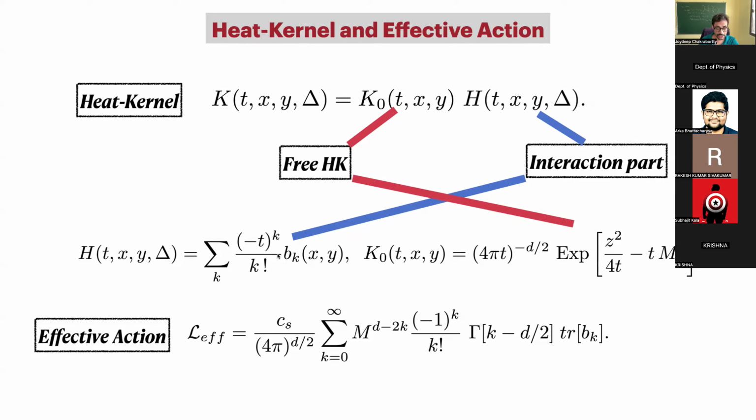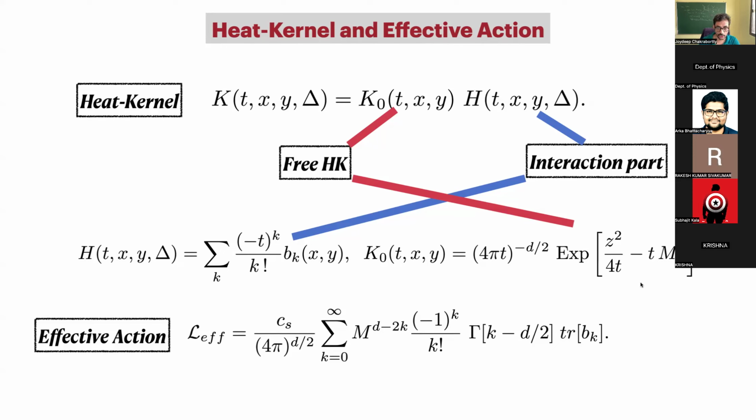Still I'm using it, because the terms are accompanied by a 1 by m square kind of series: 1 by m square, 1 by m4, 1 by m6, and so on. The factor e to the power minus t m square is used as a Gaussian regulator and also guarantees the convergence.